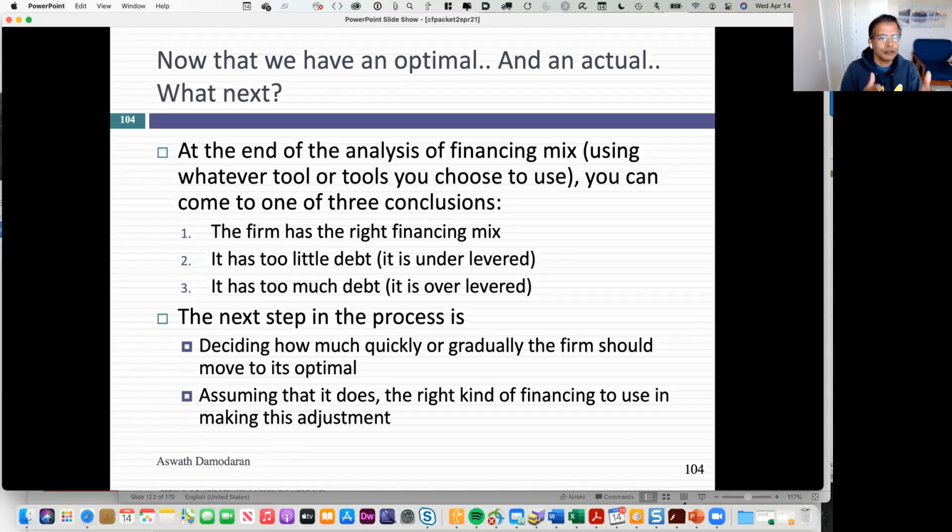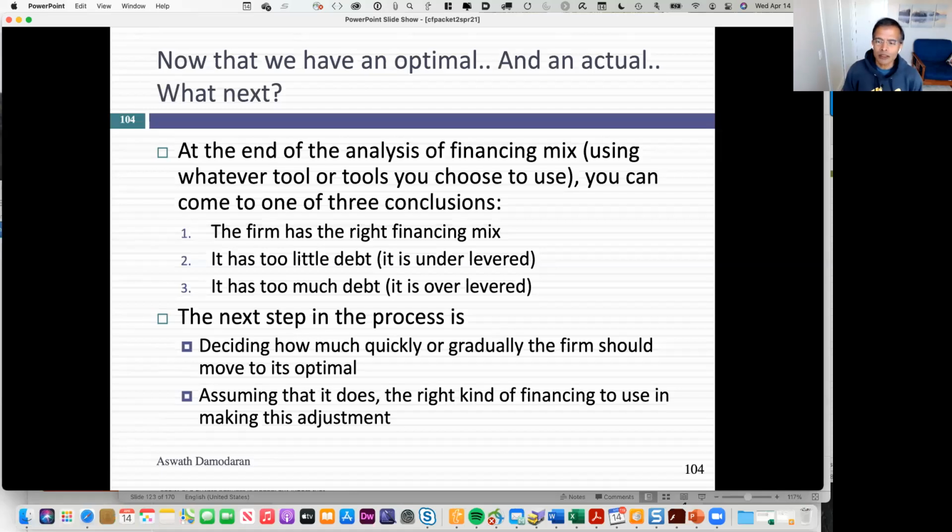You come up with the conclusion that Domino's is at the optimal. You know how awkward this is? You're the expert. They've called you in to assess their optimal. If you just go in and say you're already at the optimal, it sounds like you're not that much of an expert, right? So what do you do? You make up crap. You say, you know what, you should tweak this, you should change that. Do no harm, because if a company is already doing the right thing, leave it alone.